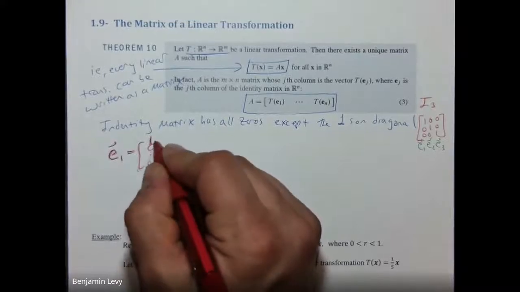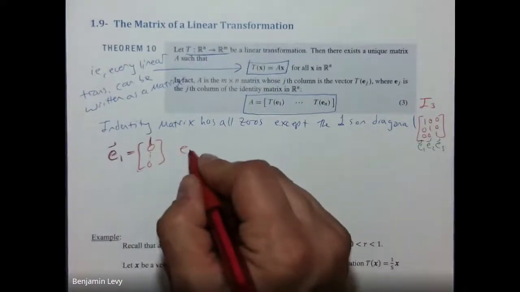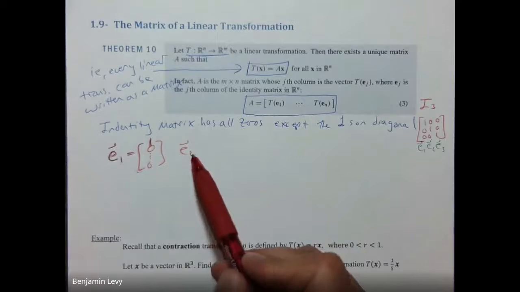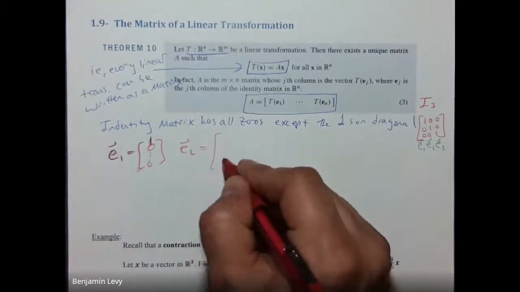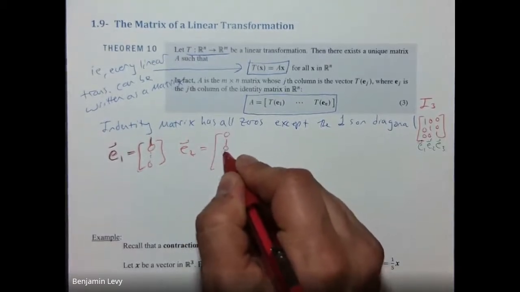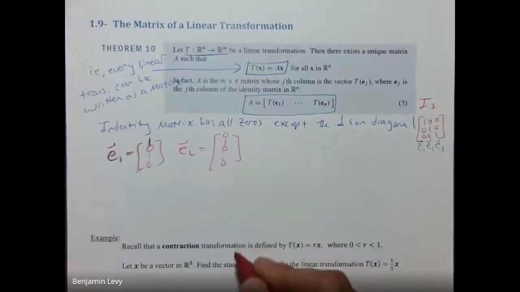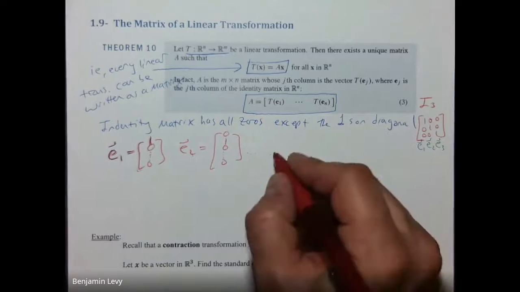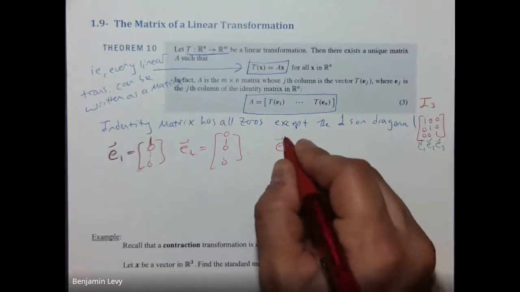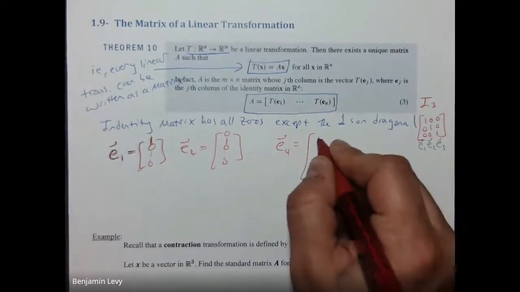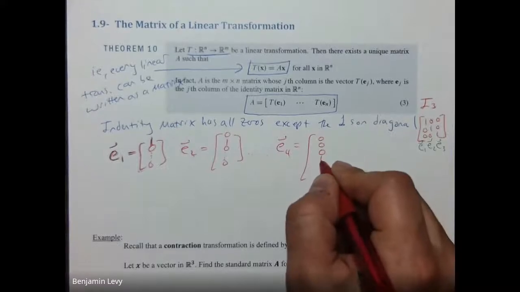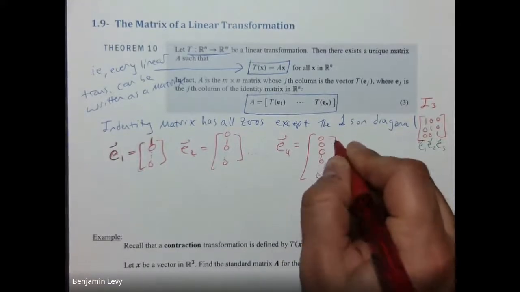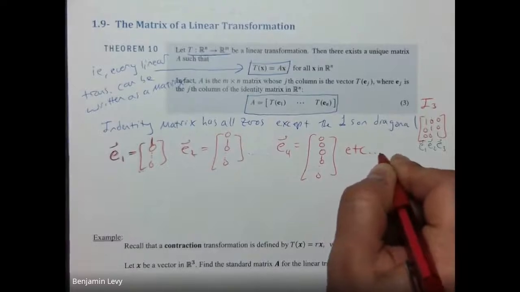If we write down e sub 2, that means there's a 1 in the second spot. For e sub i, there's a 1 in the ith spot, et cetera.